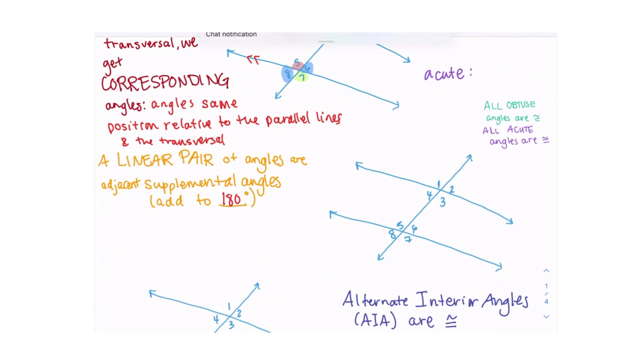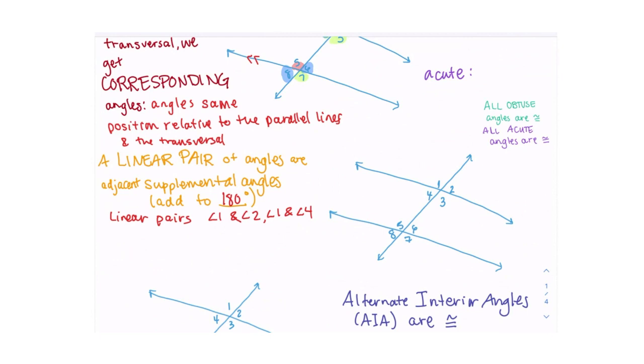I'm going to give one example. Linear pairs: we can say angle 1 and angle 2. And here's a question. Angle 1, what's another one that's a linear pair to angle 1? Angle 4. Yes.